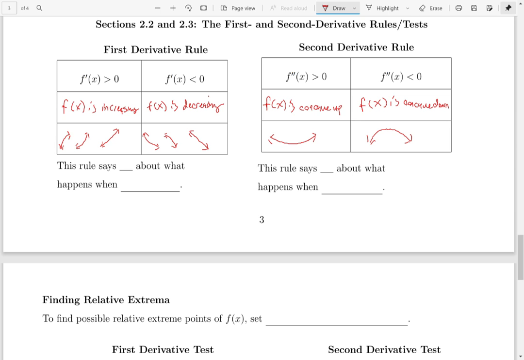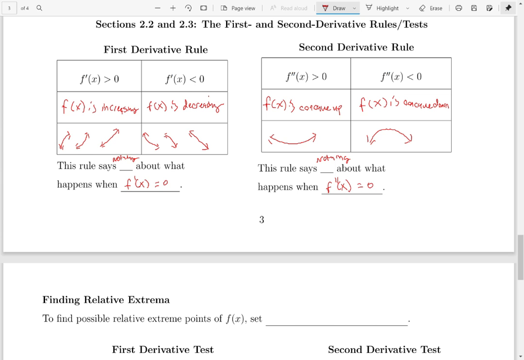Now, let's make some notes here. This rule says nothing about what happens when the first derivative is equal to 0. Okay? If the first derivative is 0, essentially it's inconclusive, or you need to check it. Alright? Now, the same thing about second derivative. This rule says nothing about what happens when the second derivative is equal to 0.